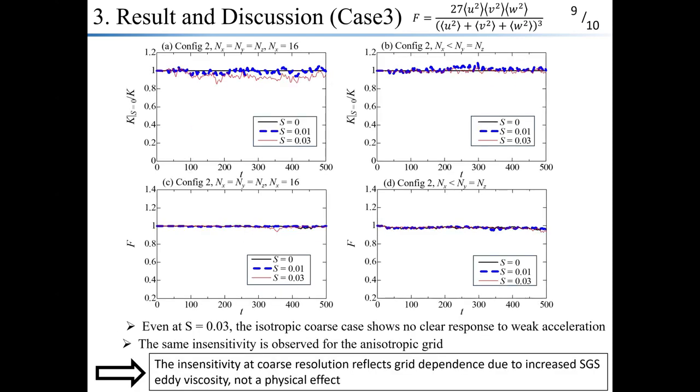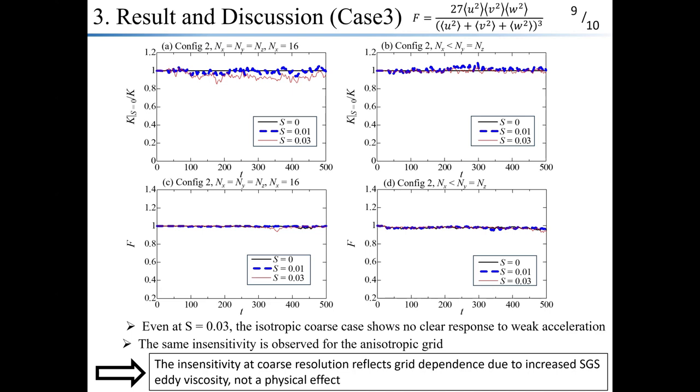Figure A shows normalized turbulent kinetic energy using a uniform grid of 16 points per 2 pi in all directions, while Figure B used 60 points in the x direction and 32 in the y and z directions. In both cases, little variation is observed across different acceleration rates.